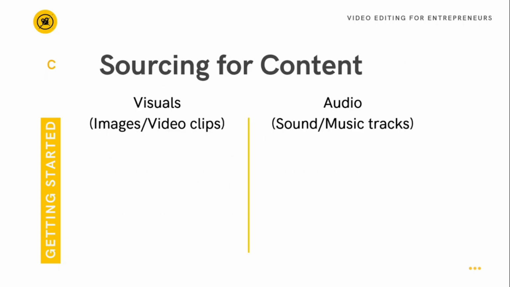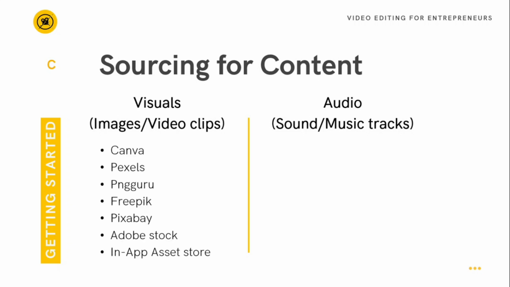So, sourcing for content, there are different websites or applications you can actually use. Basically we'll be looking at how to get your visuals, which include the image or video clip, and your audio, which is the sound or music track for your background or what have you. So we have platforms like Canva.